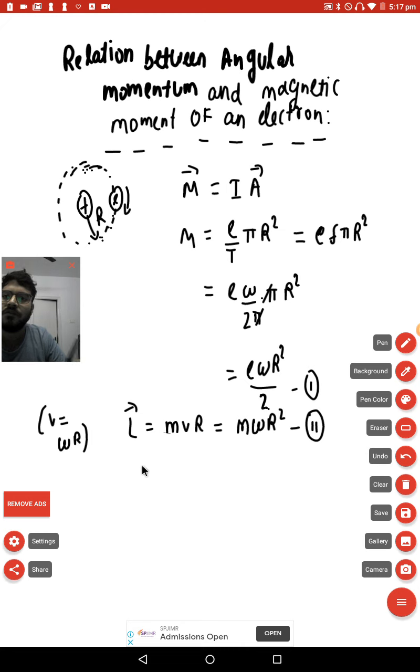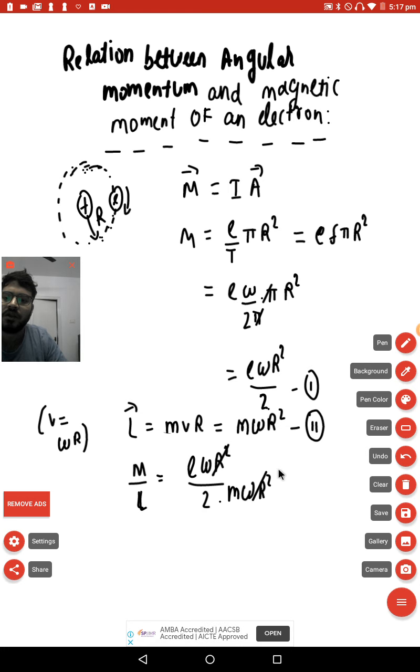From both these equations we find that if I calculate m by L, magnetic moment by angular momentum, then what do I obtain on this side? I have E omega r square whole divided by 2, divided by m omega r square.